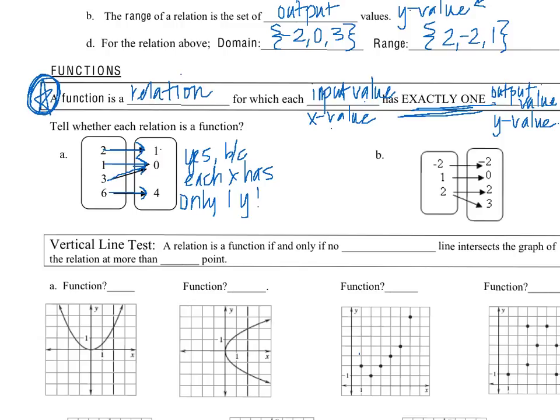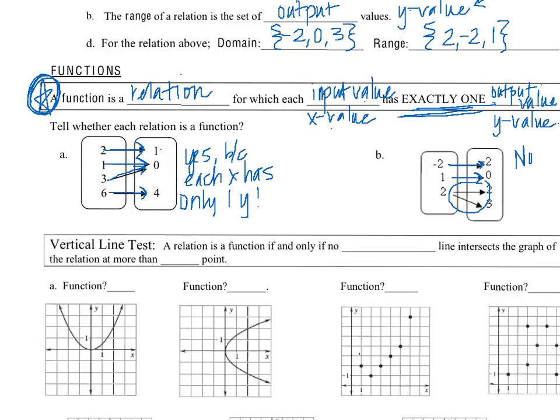Now let's go over and look at b. We're going to say the same thing. For -2, I have one arrow going to a y. For 1, I have one arrow going to the y. But for 2, here's our issue. We have 2 different outputs for the same input. That can't happen in a function. So no, not a function.